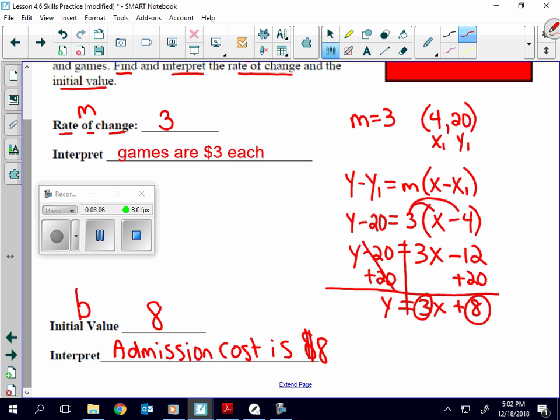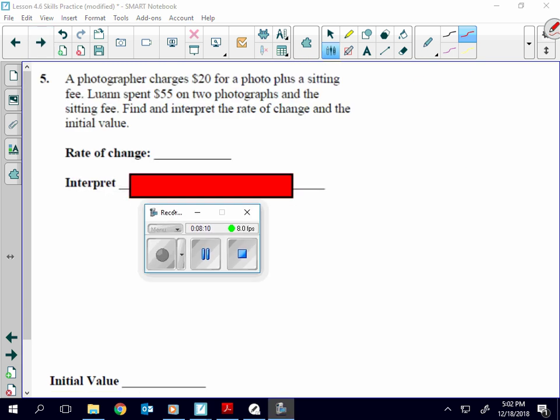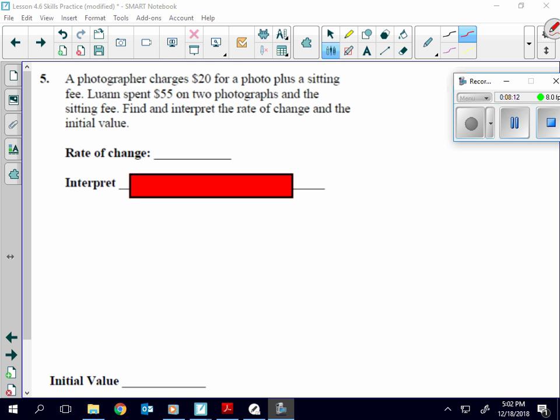Okay, we're going to do number 5. All right, we've got a photographer. Charges $20 for a photo plus a sitting fee. Luann spent $55 on 2 photographs and a sitting fee. Find and interpret the rate of change and initial value. So let's go ahead and highlight some things.